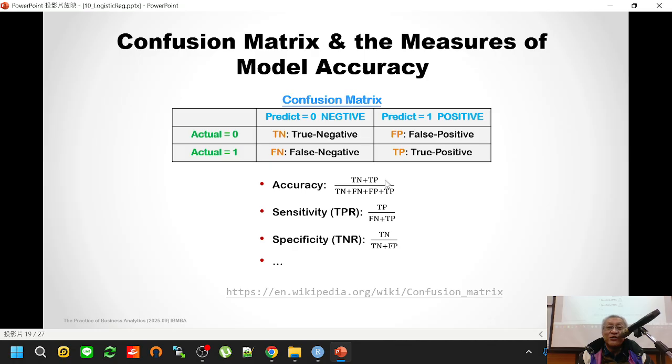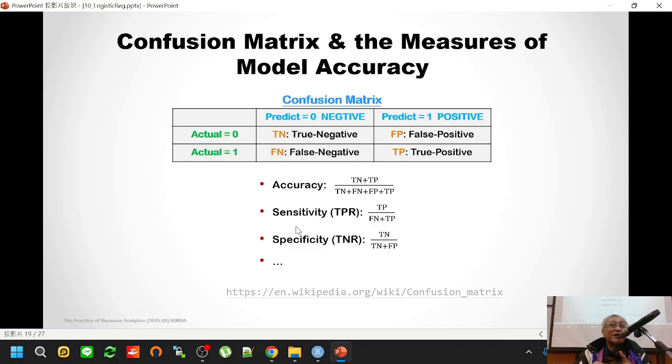Its denominator is the positive, so it implies that given the actual value is 1, the ratio that we can detect it as positive. Out of all of these actually 1 cases, the ratio that the model can predict as positive. So it's called sensibility.